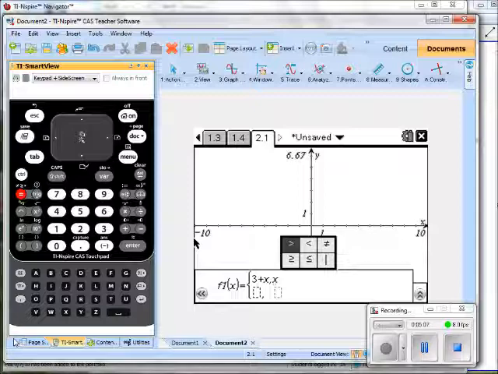On the gray one, there's a couple of ways you could do that. You can do Control less than. You can also use the catalog, which is a symbols palette, and you can find a less than or equal to on that one.